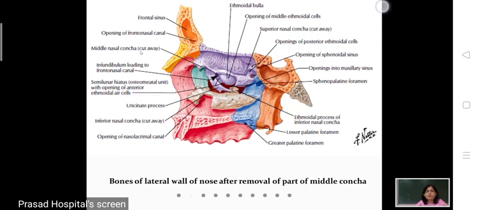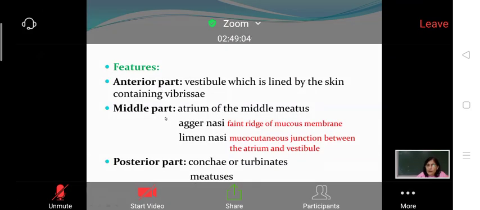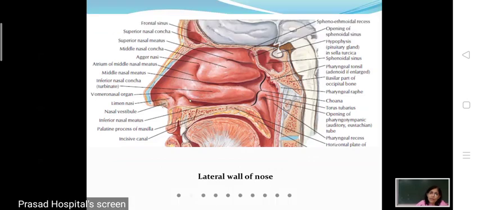Now in the next, this lateral wall of nose is divided into an anterior part, a middle part, and a posterior part. Here, anterior part, this smooth one is the middle part, and this irregular area is the posterior. The anterior part is called vestibule. The vestibule is the area just superior to the nostril, and this is lined by skin.